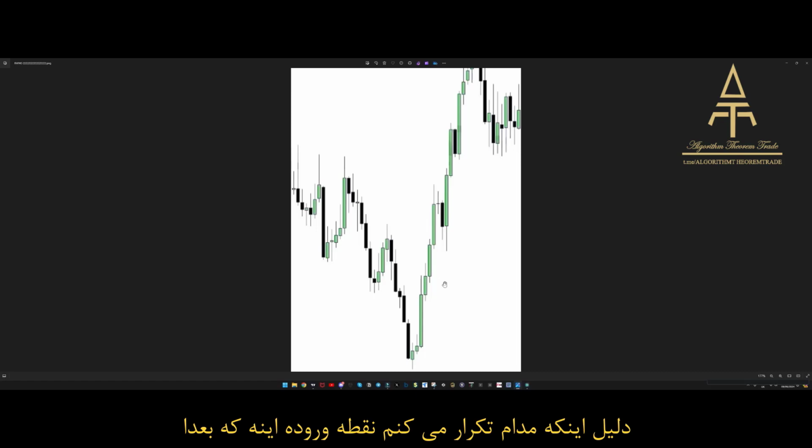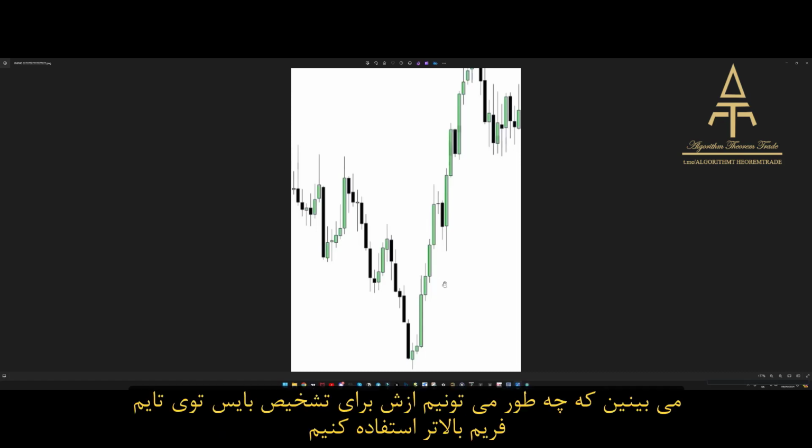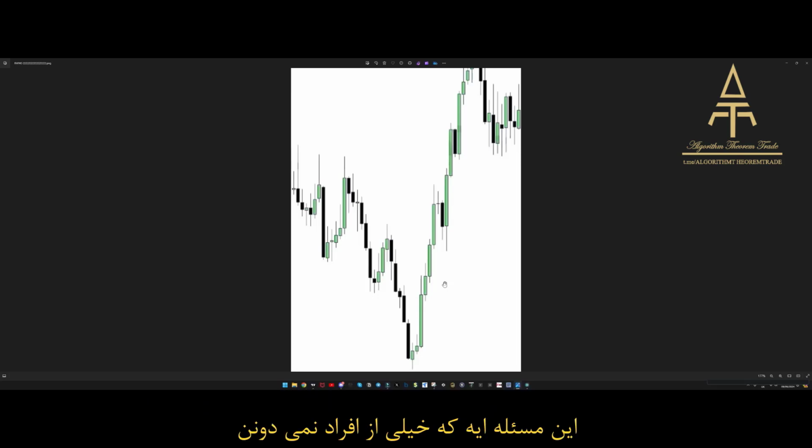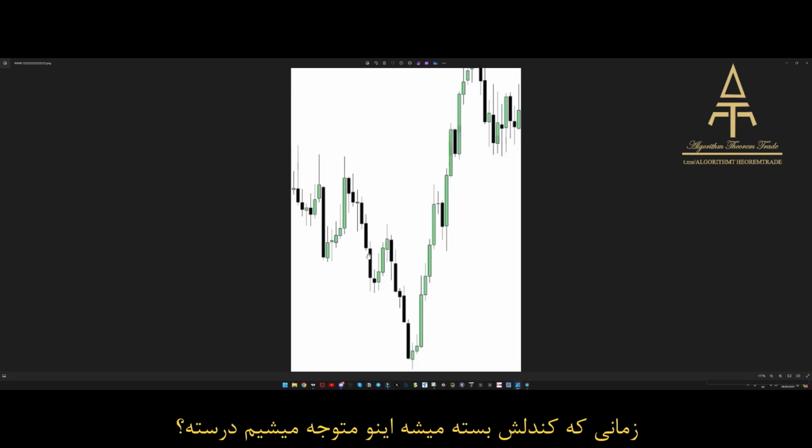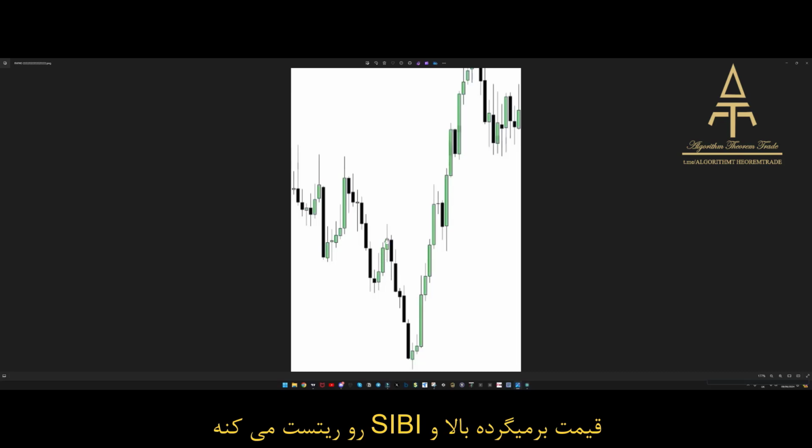The reason I'm reiterating entry model is because later you'll see how we can use this for bias on a higher time frame. This is what a lot of people miss. So the logic behind this is very simple. We watch price print. Price prints a SIBI. We know that by the time this candle finishes printing, price comes back up and retests the SIBI.